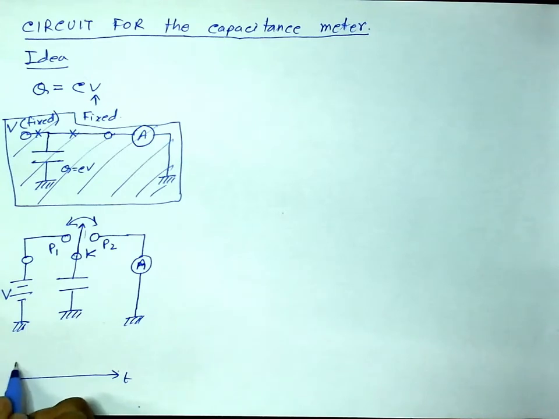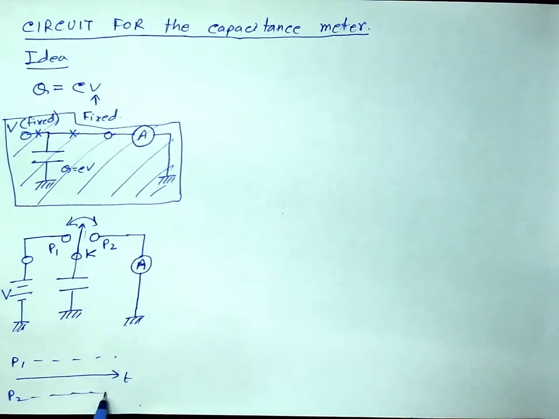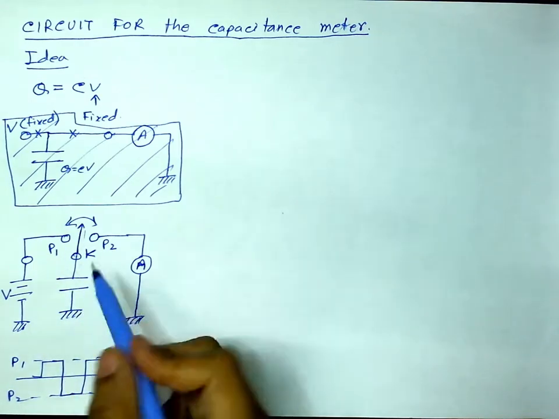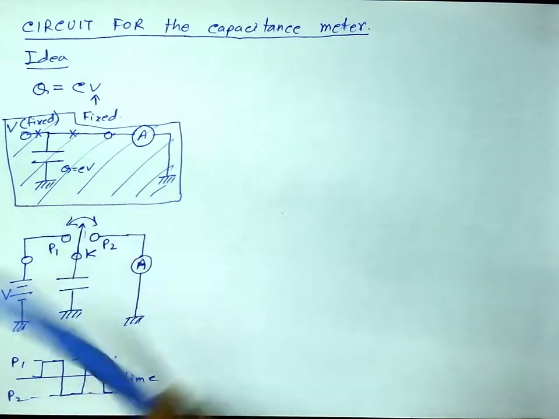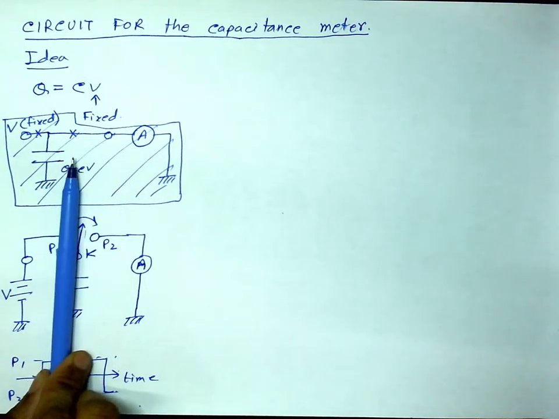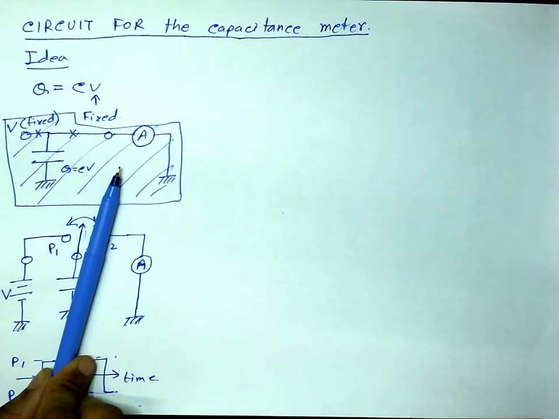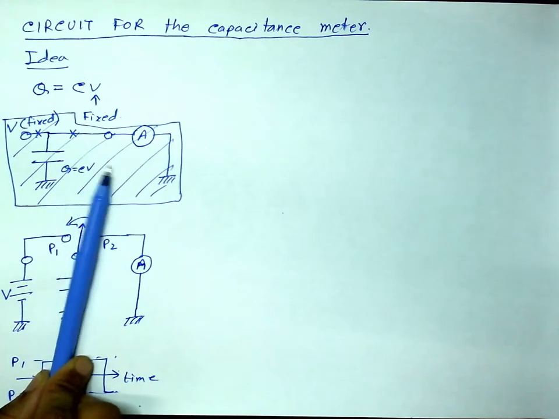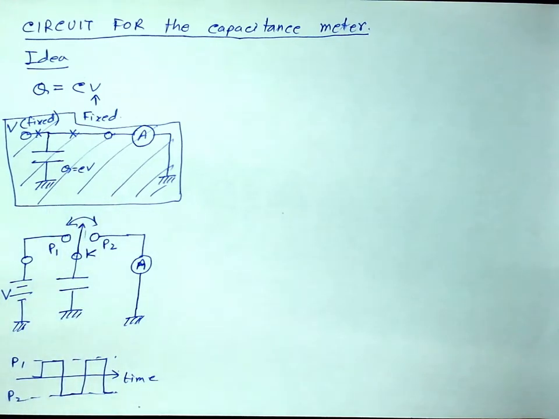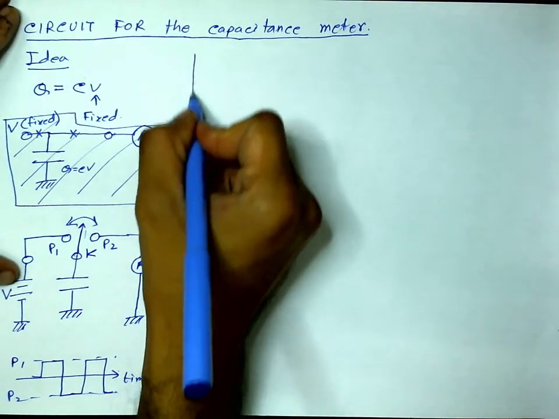If this is the time axis, then at a regular interval I am switching. This is a schematic to convey the idea that I am moving this switch to P1, then after a while to P2, P1, P2, P1, P2, and so on, continuously.